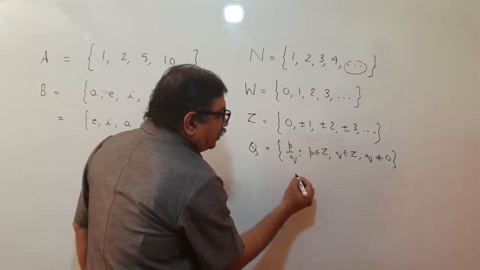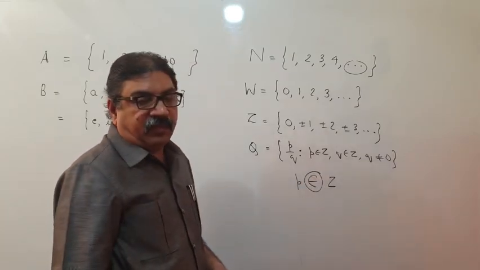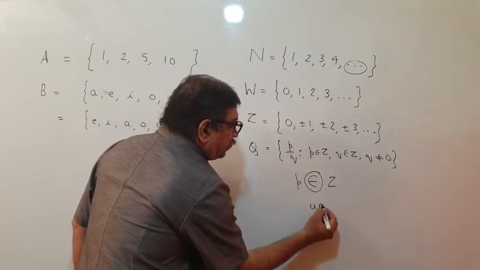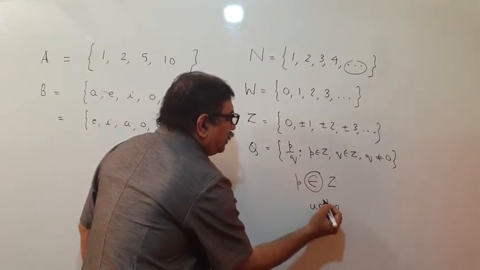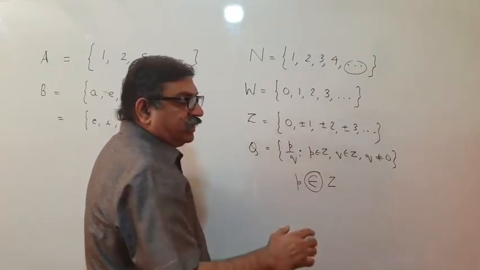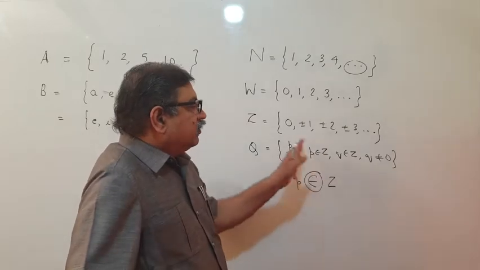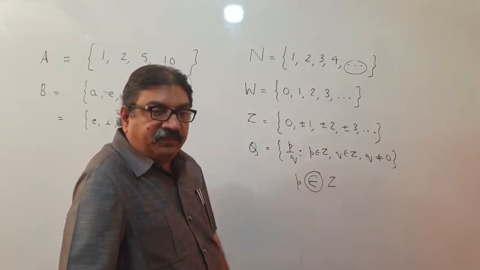This symbol that I am using, p belongs to Z, this symbol is epsilon. So this symbol is used for saying belongs to. Belongs to means p is a member of set Z and q is a member of set Z, like this you have to think.